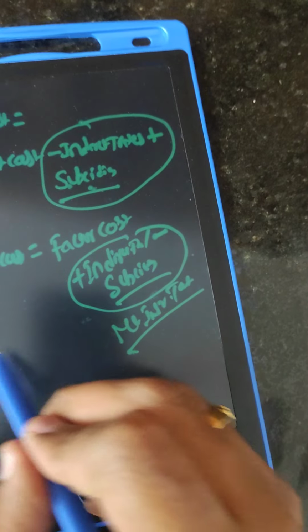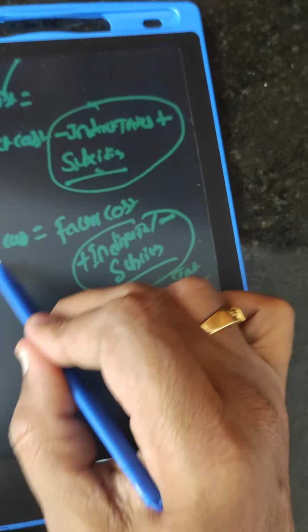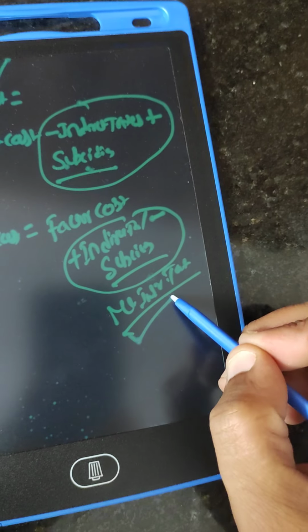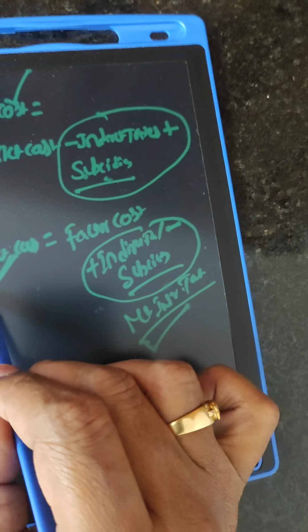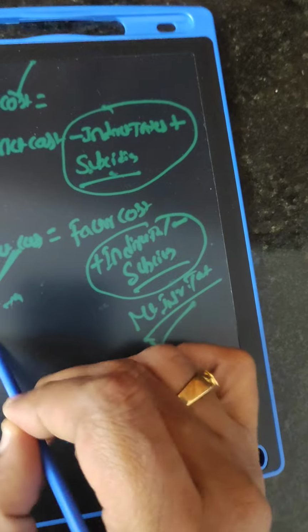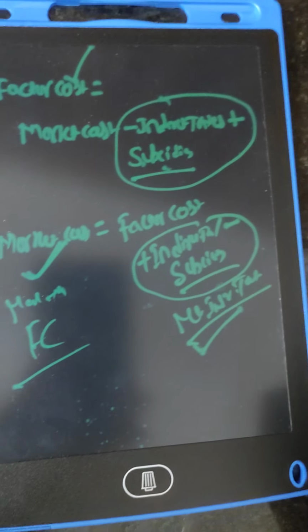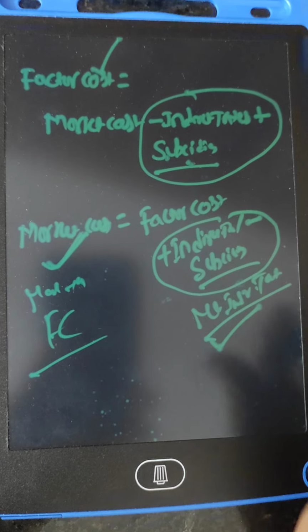Now you understand what is the factor cost, what is the market cost, and what is net indirect taxes. The income from the market cost is more than factor cost. That you have to understand.